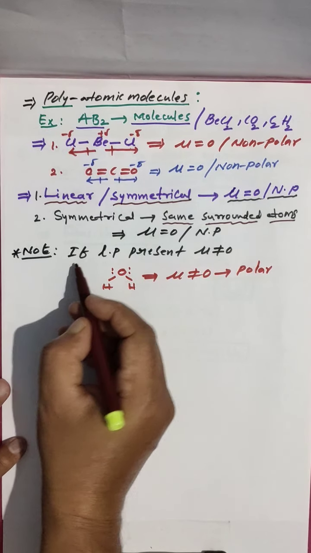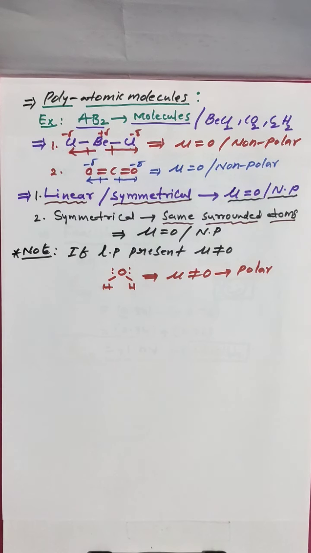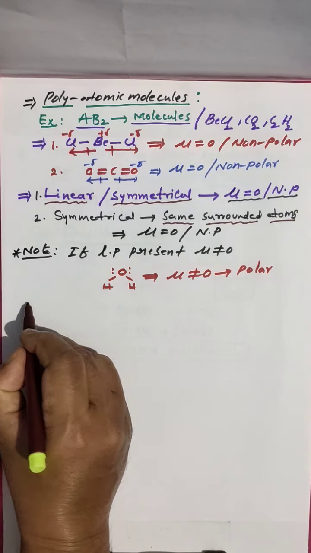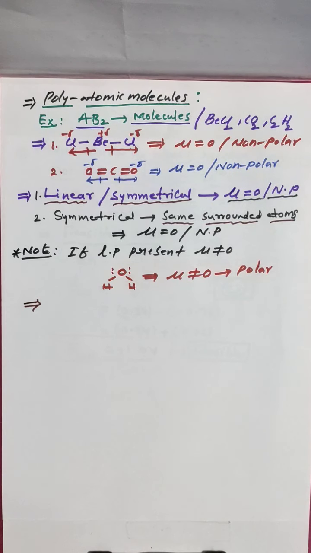But if lone pair is present, not equal to 0. Clear? So that is the method to remember dipole moment, polarity and non-polarity.